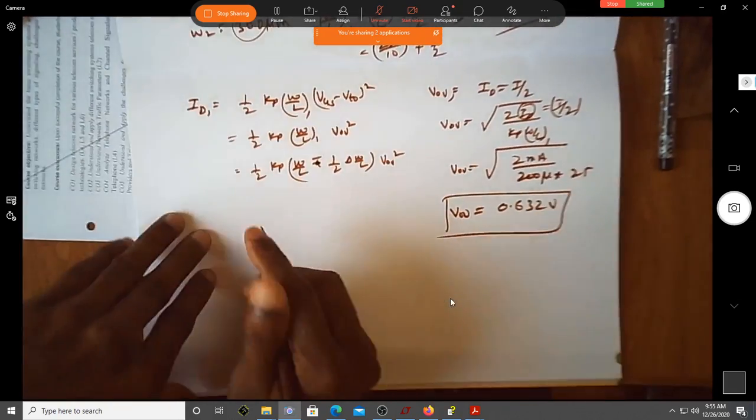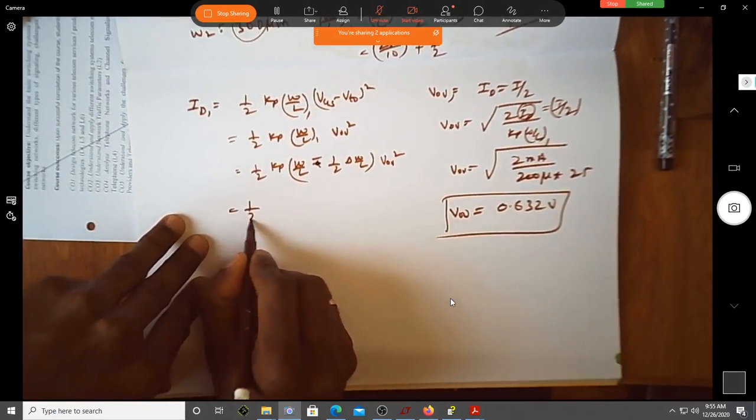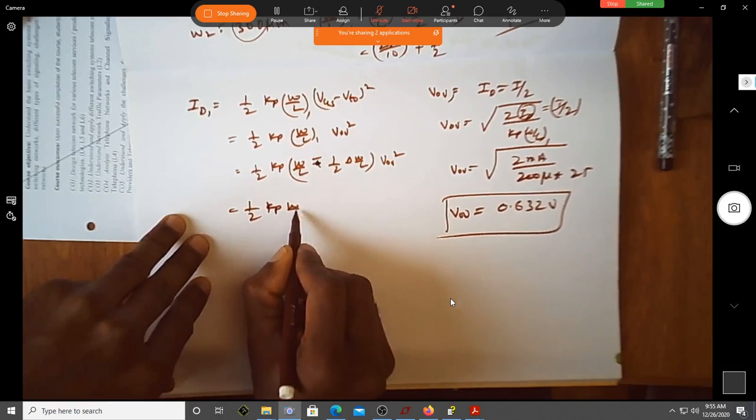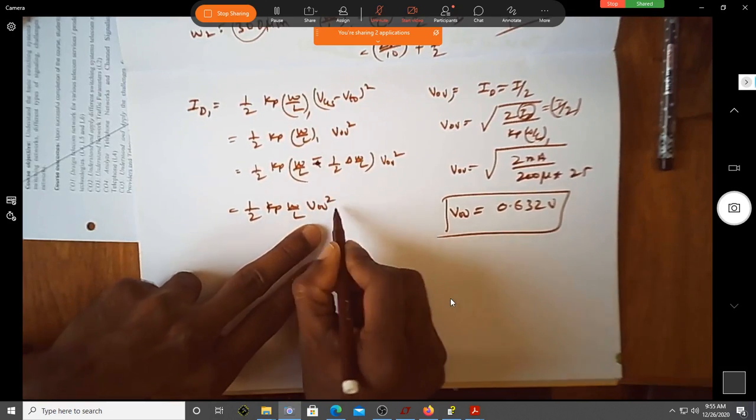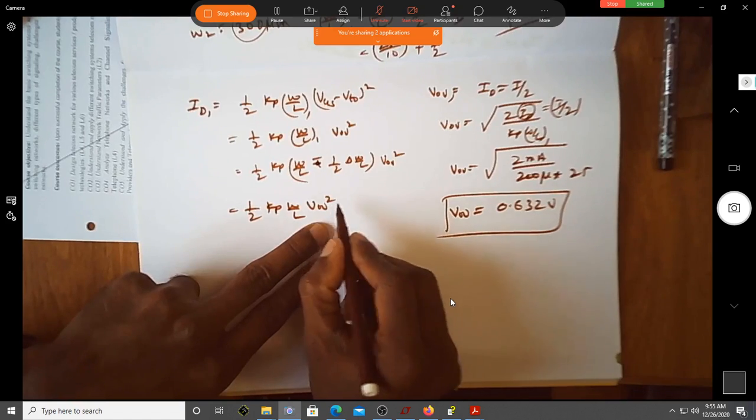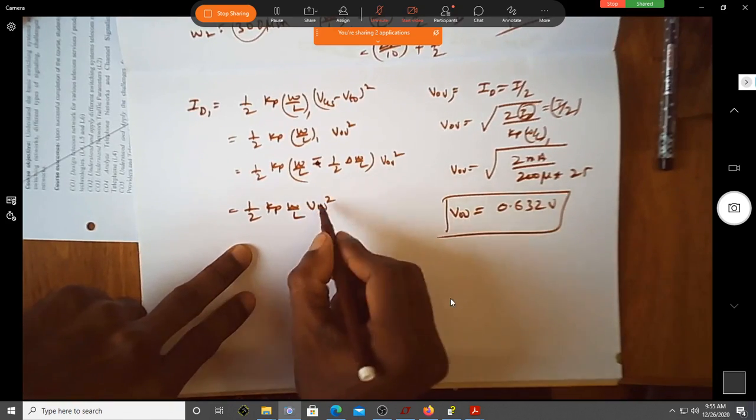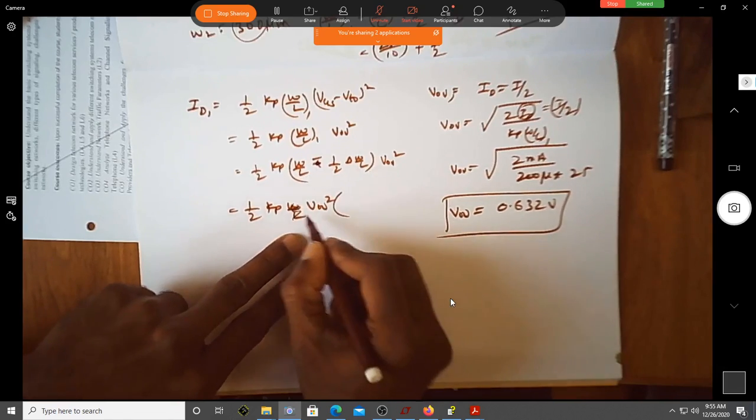Shall we write this? Of course, that's what we did in the derivation also. It was Kp W by L VOV square, and then we can just take the W by L outside.